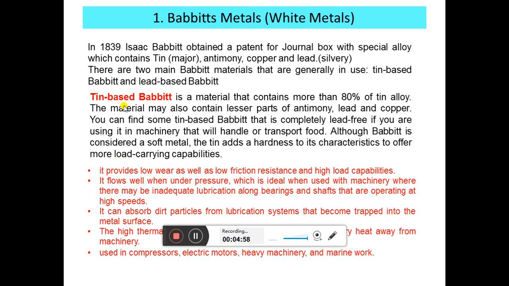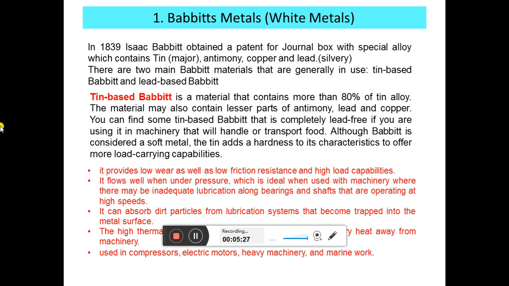Coming to the properties of these babbitts, they provide low wear as well as low friction, because they have a high load carrying capacity. High load carrying capacity indirectly means it is a hard metal.